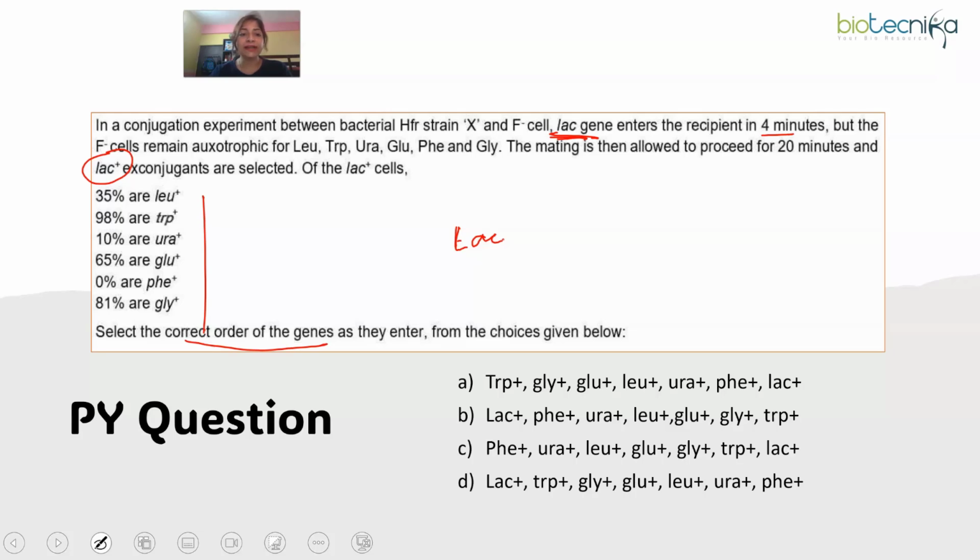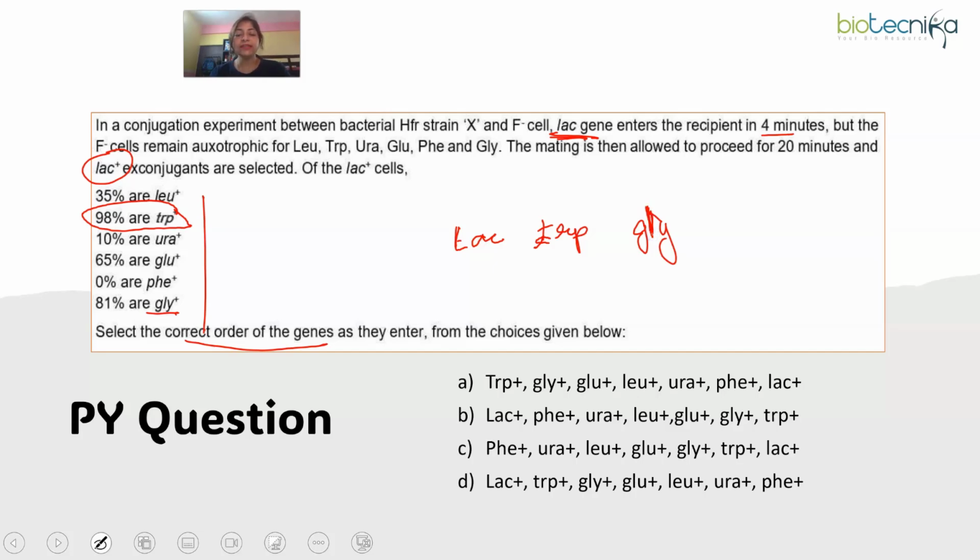So what is that gene? 98% of the cells are receiving Trp+, meaning right next to lac it has to be trp. Now similarly we will keep going through the genes in decreasing order of percentage. After that there is gly, so next in the line is gly. Do you all understand why the percentage of recipient cells is decreasing?